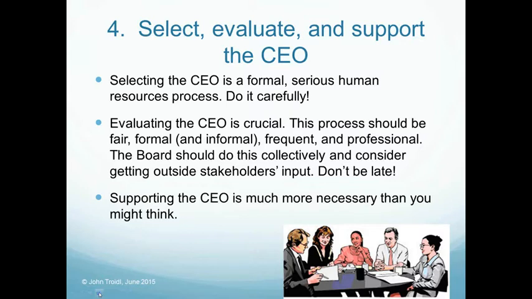I mentioned that this process should be fair, formal, and informal. So the formal part refers to having a schedule, having a job description, having a form or set of forms that you use for the evaluation. But, you know, when you get to the evaluation time, there should be no surprises for the CEO or for the board.